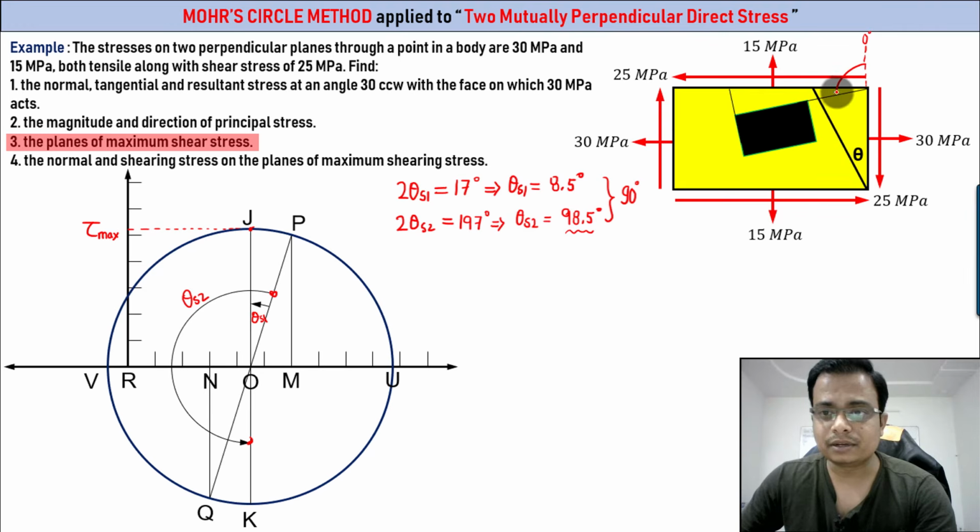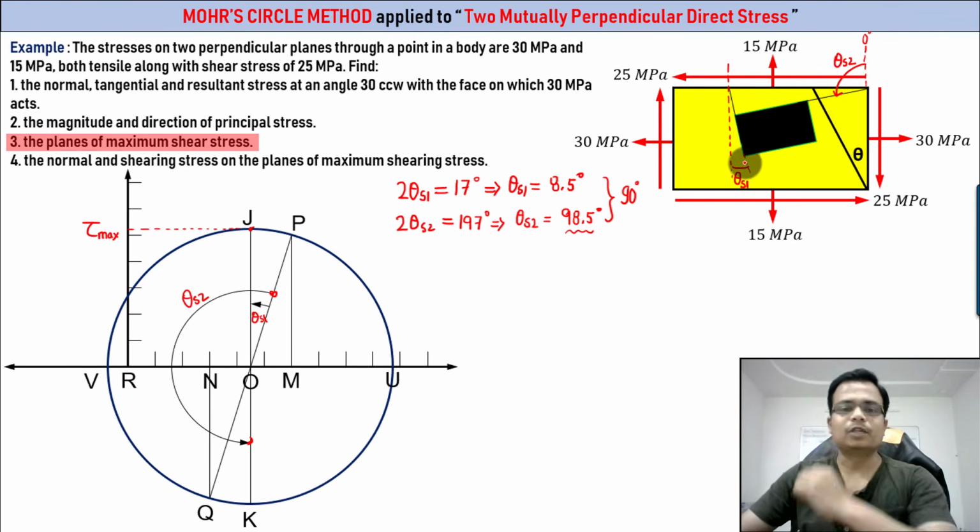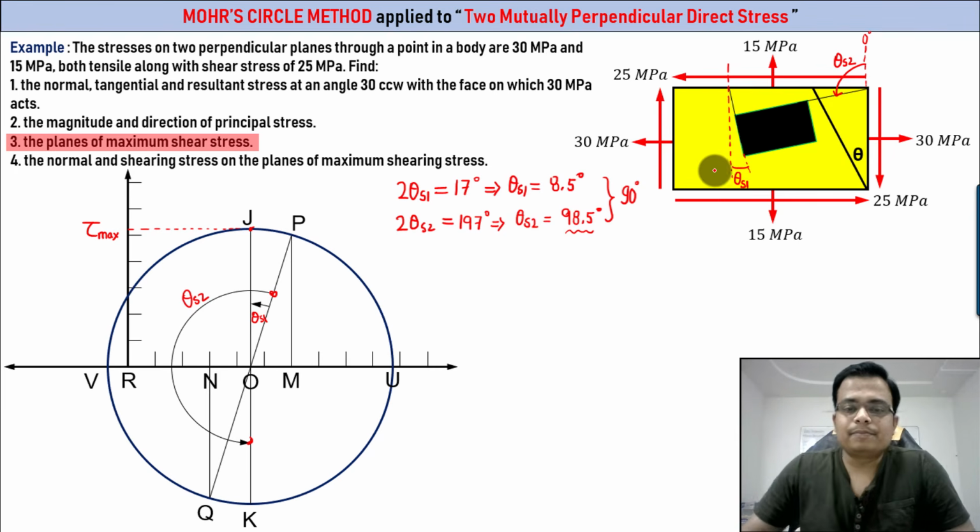So this over here, slightly more than 90, is theta S2. And similarly, this is one plane and this is another plane of maximum shear. Very small acute angle, this is theta S1.